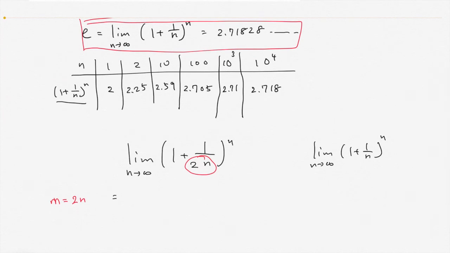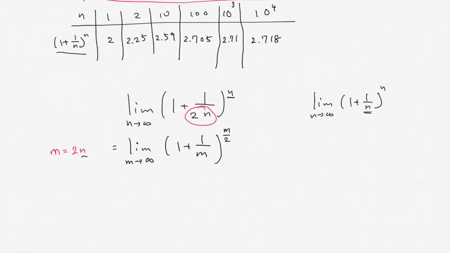If n goes to infinity, m of course goes to infinity. It becomes the limit of (1 plus 1 over m), which looks similar, but instead of n, we have to use m. Then the power becomes m over 2.